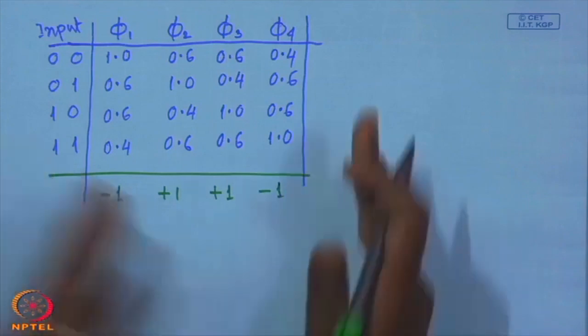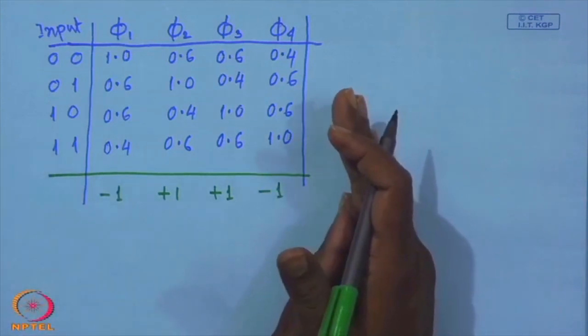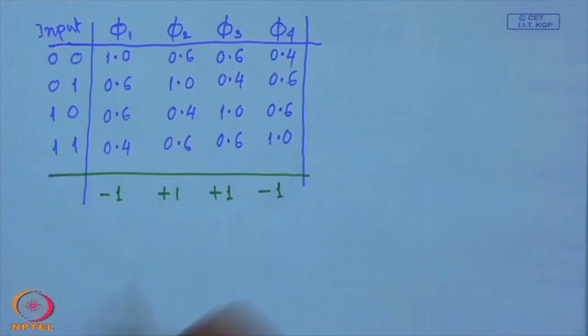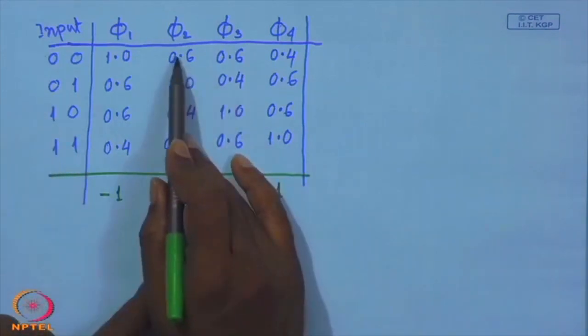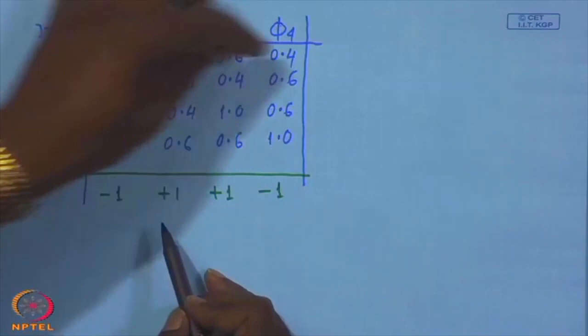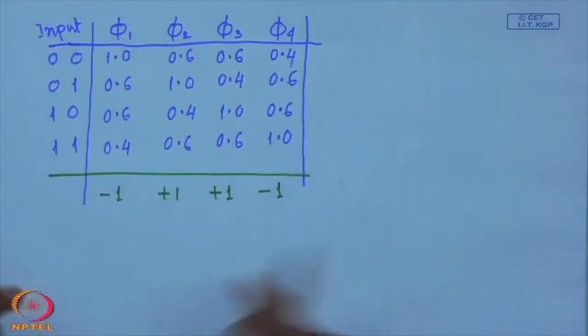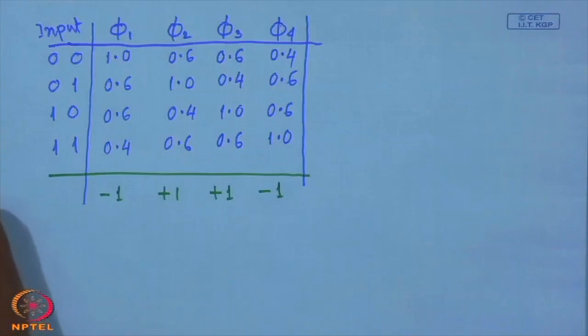So, the function that I will finally compute at a node in the output layer will be phi 2 plus phi 3 minus phi 1 minus phi 4. And if I compute this, let us see what are the values that I get.